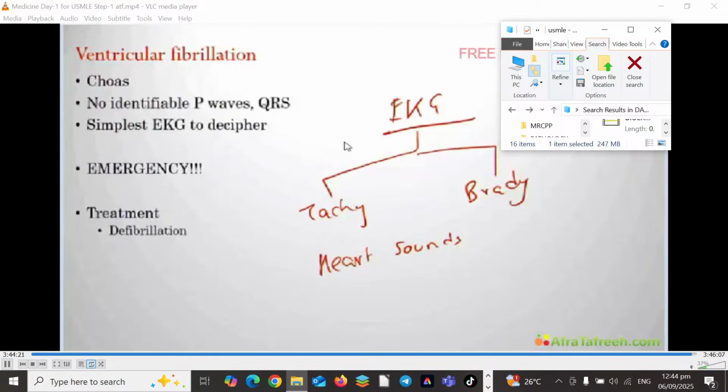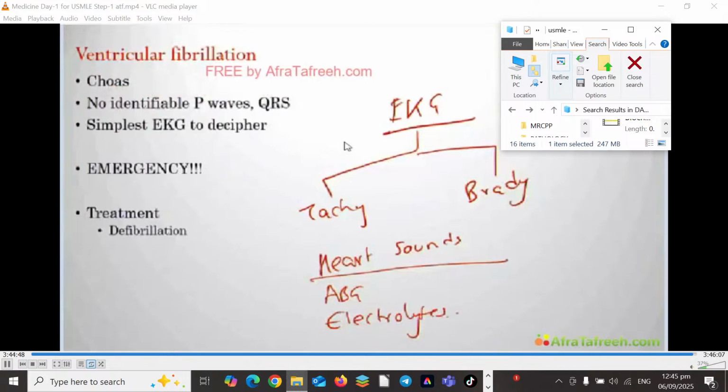Maybe tomorrow we'll just cover EKG and heart sounds. I would try to touch upon a few more interesting pericarditis and such EKGs. My total target to cover for you at least would be acid base and electrolytes. This is what we expect to cover.